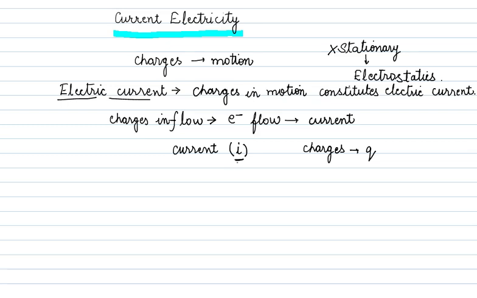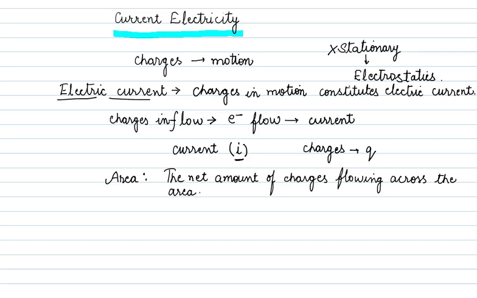For that, we should know that if there is an area and across that area the charges are flowing, we consider the net amount of charges flowing across the area in the forward direction.